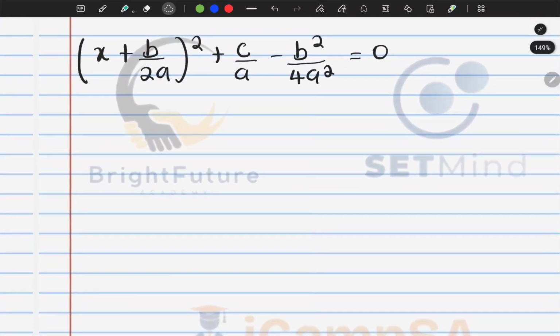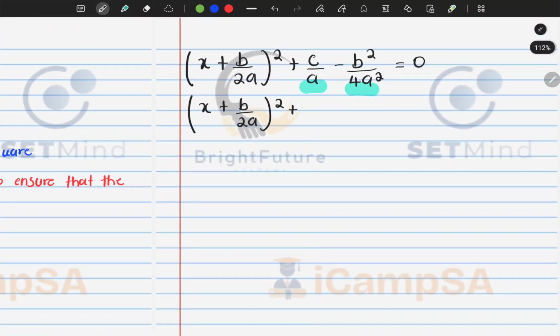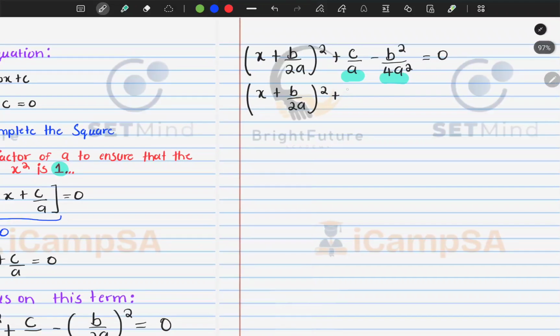So the first thing that I'm going to do is to quickly make a common denominator here. So this means that we are going to have (x plus b over 2a) all squared plus, if I want to make a common denominator, I have an a, so I need to introduce a 4a on the numerator and also a 4a on the denominator, which becomes 4a squared, and then minus b squared divided by 4a squared.